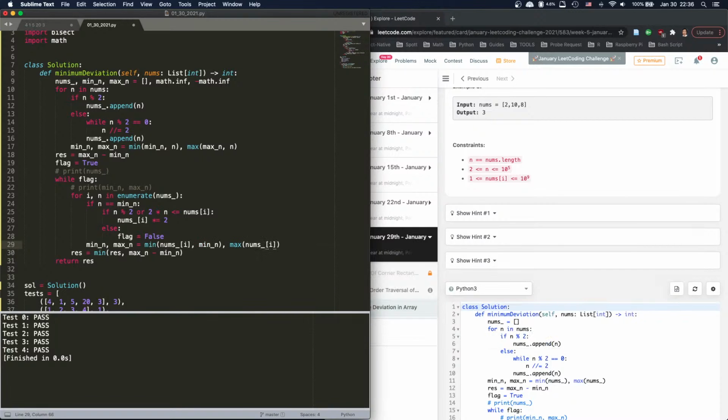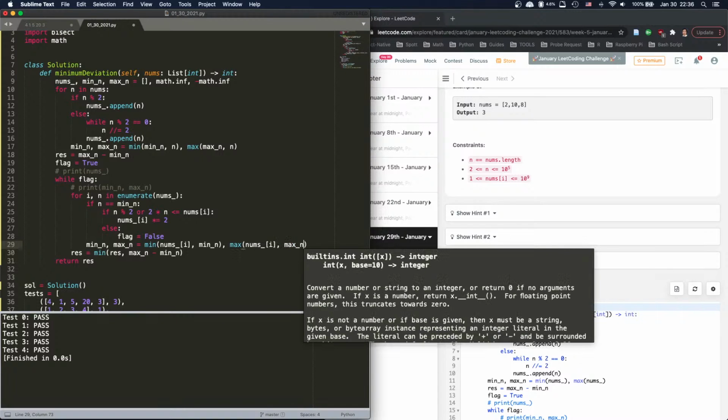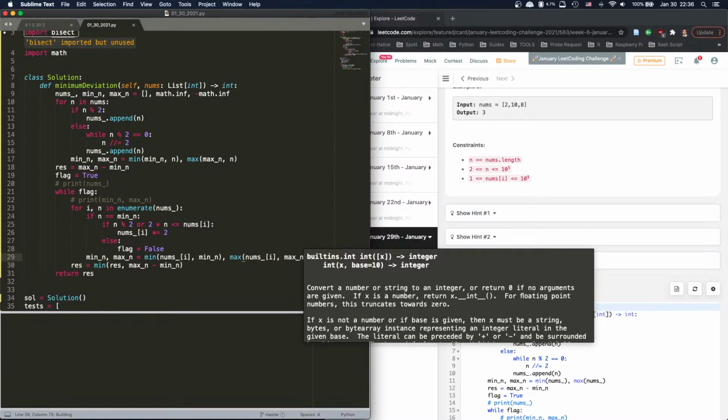Let's see. If we do it along the way, I think it will be faster.